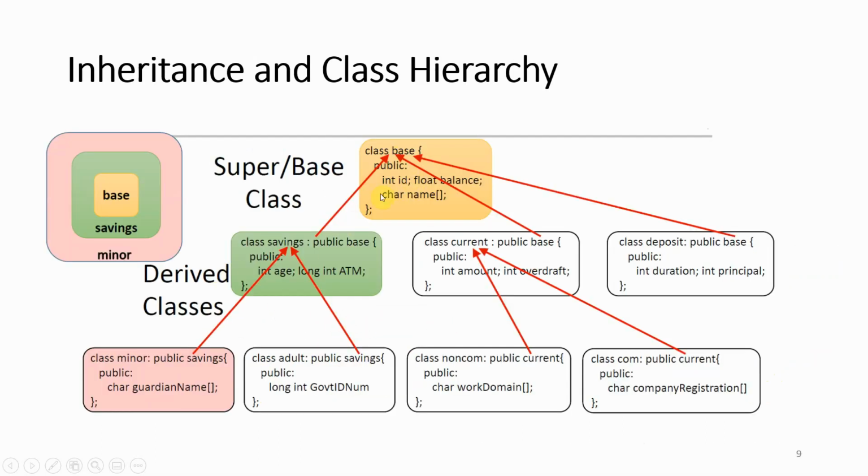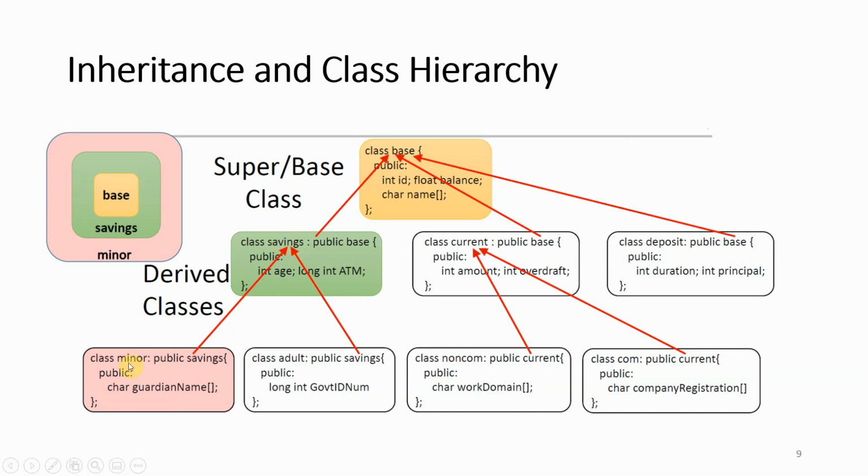So this basically shows how inheritance works. So this is the base class. These are derived classes from them. So all of these 3 subclasses would inherit ID, balance, and name from the base class. Okay, now class savings itself has 2 children, or has 2 subclasses derived from class savings.